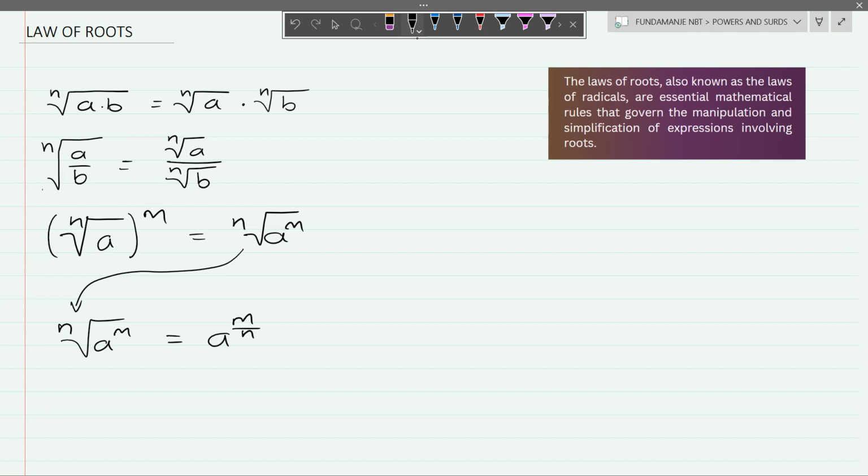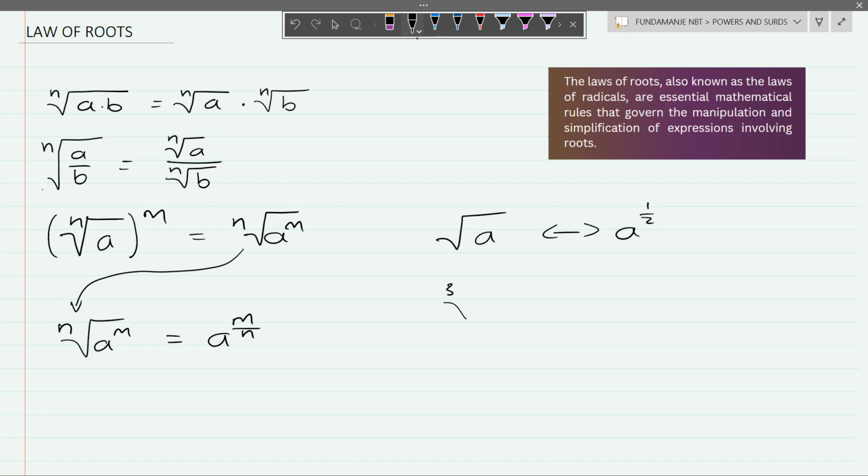So basically, a square root or an nth root is basically raising the value that you have underneath the root to the power of 1 over the type of root that you have. So for example, if we have the square root of a, this is similar to having a to the power of 1 over 2.